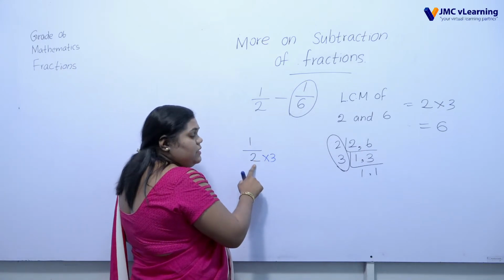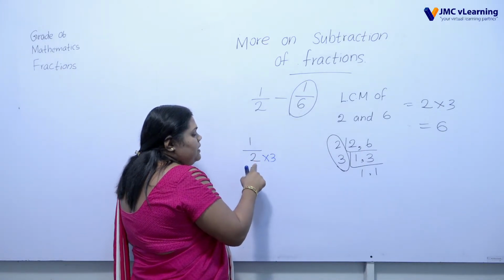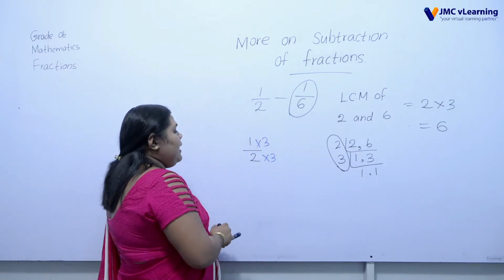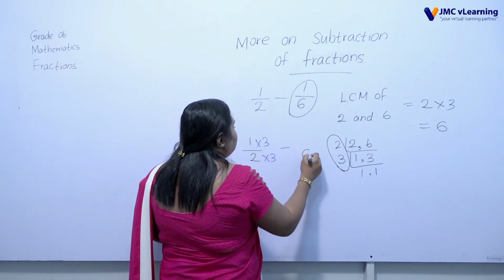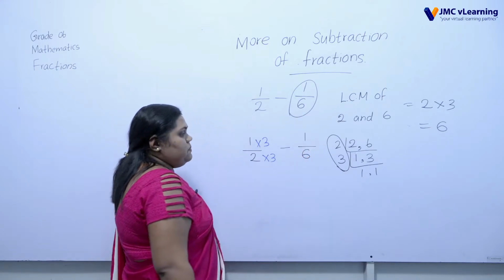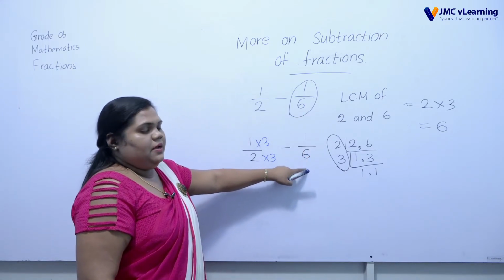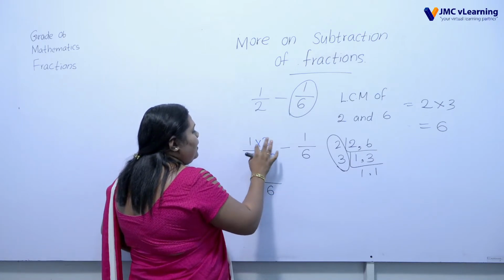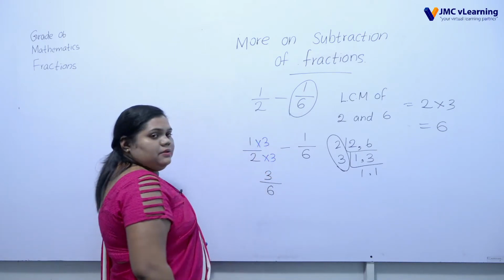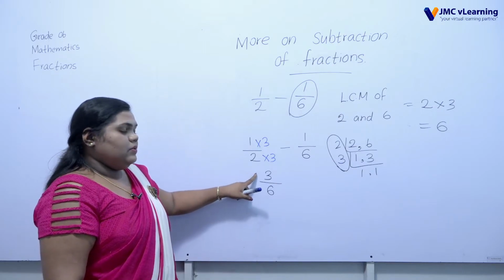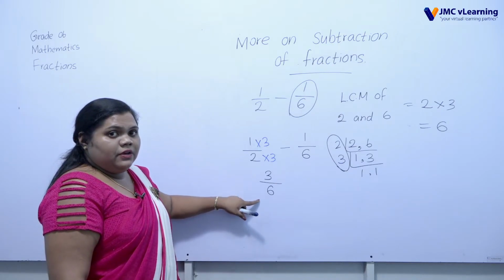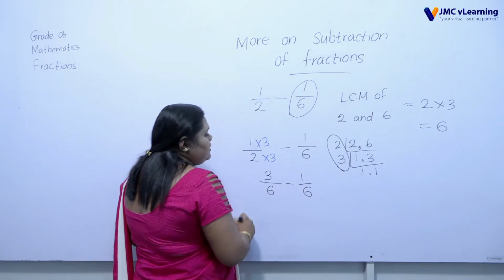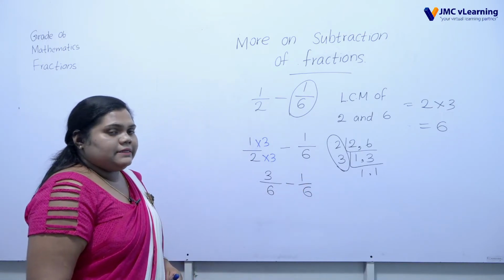And if you do something to the denominator, the numerator also has to do the same thing. You don't need to change this one because 6 is already there. 2 times 3, 6. 1 times 3, 3. Okay, now the answer is 3 out of 6. Now you can subtract 1 out of 6 from this 3 out of 6.